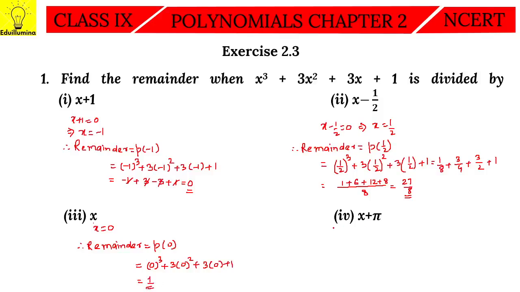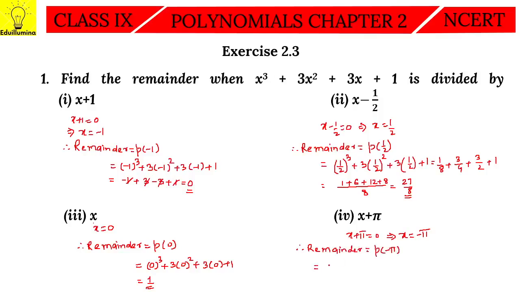So next part is x plus pi. So first of all we will find the 0 of x plus pi by putting x plus pi equals to 0. So from here x equal to minus pi. So therefore the remainder will be equals to p of minus pi.